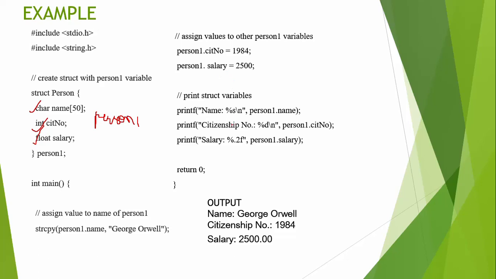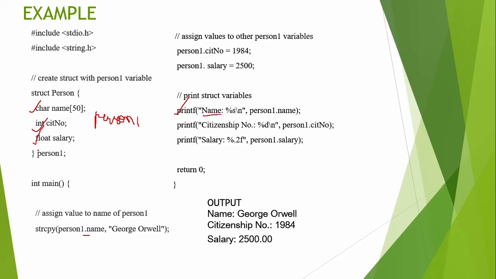For printing the structure values, we use the printf function in the same way. Name will be a prompt message, name will be printed, and then percentage s, because the first one is a character variable, so we use percentage s, person1 dot name. So in all this scenario we are using the dot operator to invoke the data members.